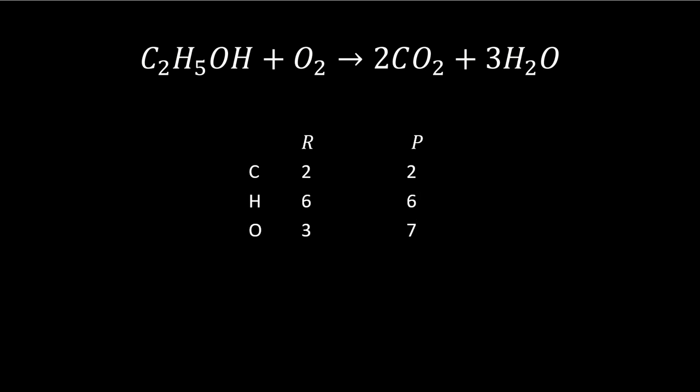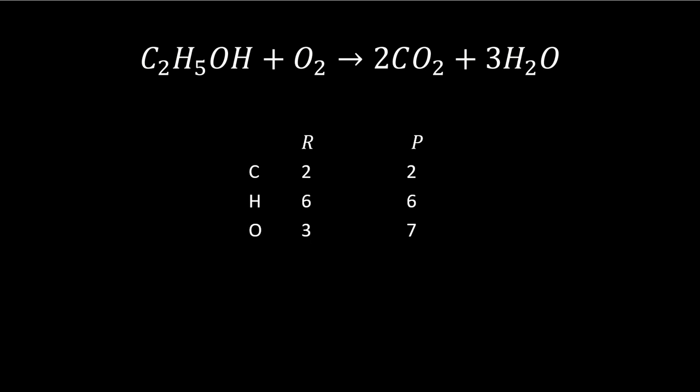Now, hydrogen and carbon are balanced, and we're in this odd situation where we have an odd number of oxygen. However, that's wonderful, because we have 1 oxygen represented in the reactant ethanol, which means 7 minus 1 would be 6.